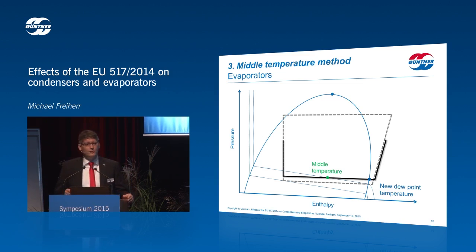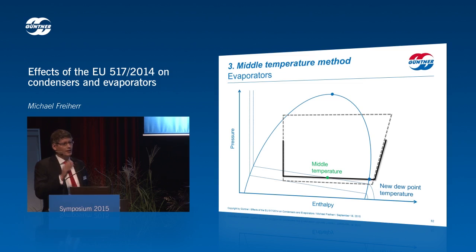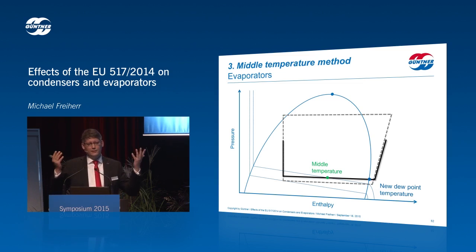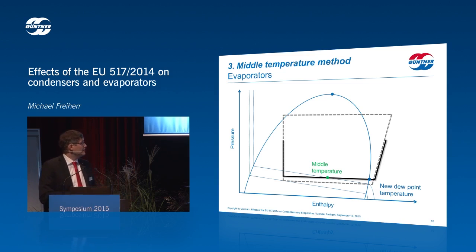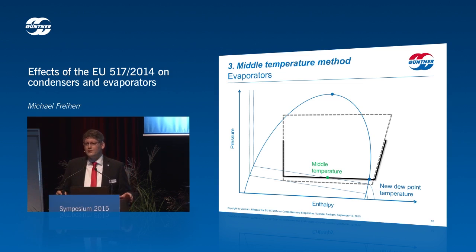It's not as easy as with the condenser, where it was easy. We had the dew point and the boiling point temperature divided by 2, and we knew exactly where we are in the middle area of the two-phase zone. Here with the evaporator, it depends on where we condense. If we condense at a lower temperature, the evaporation temperature will be here or there, or you have subcooling.